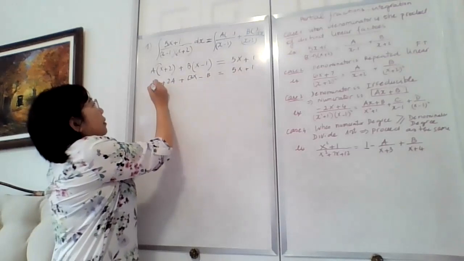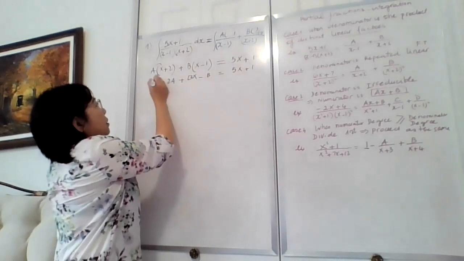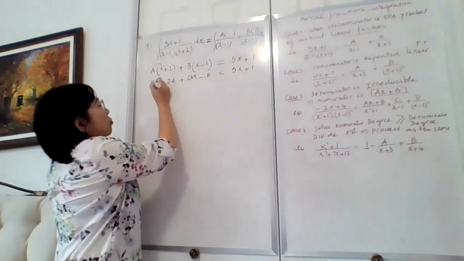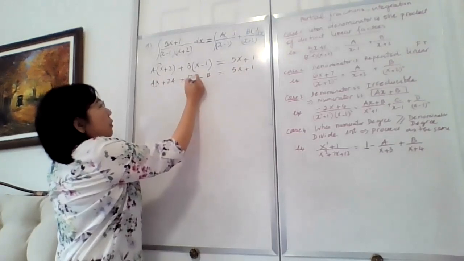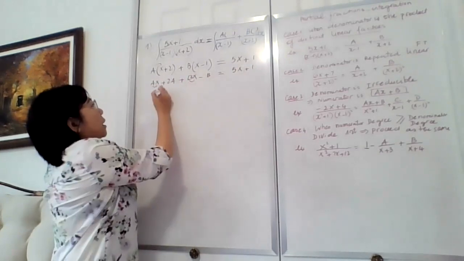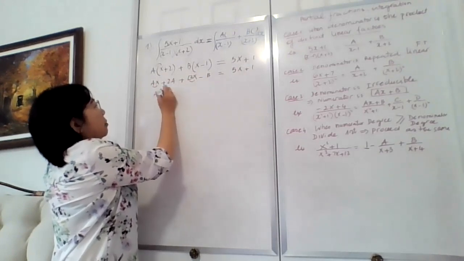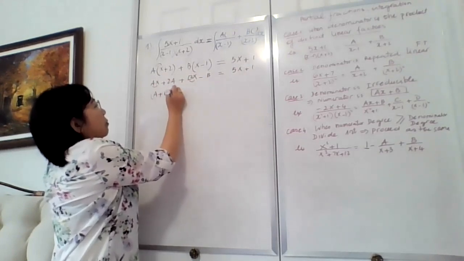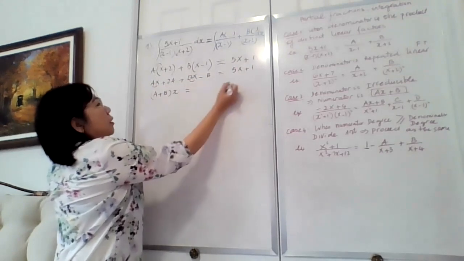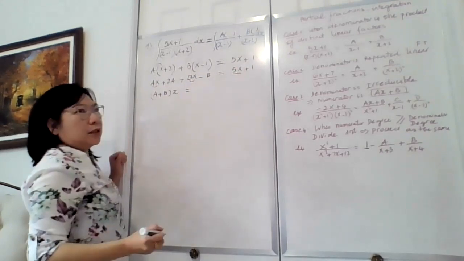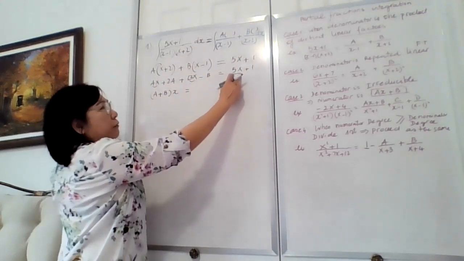Now I factor out the common factor. I notice that the A here goes with the x and the B here goes with the x. So basically I can factor out x as a common factor. I say A plus B times x will equal this 5x, because that's the only term that has an x in here.